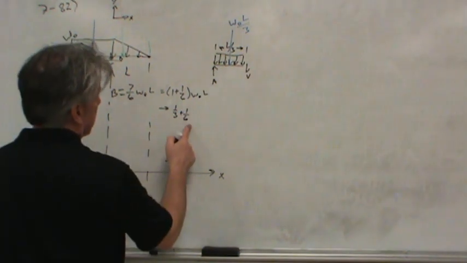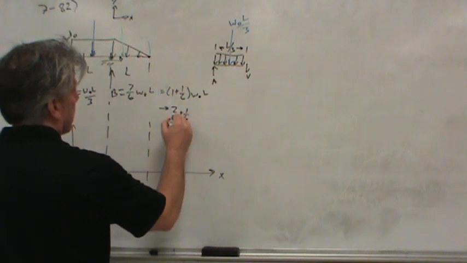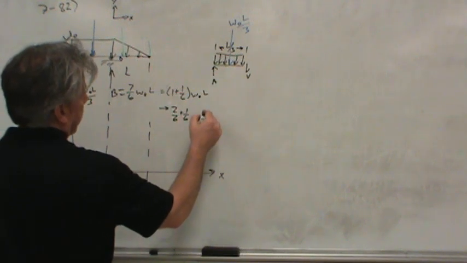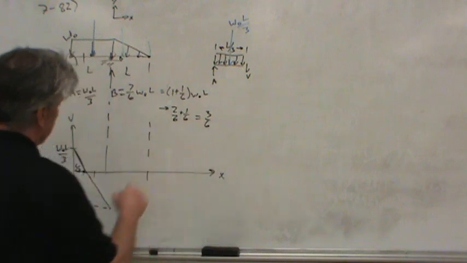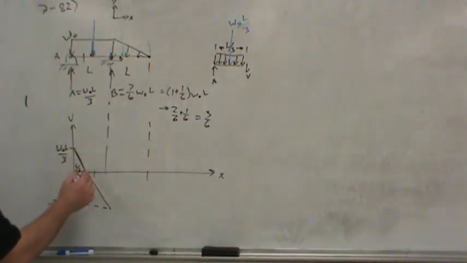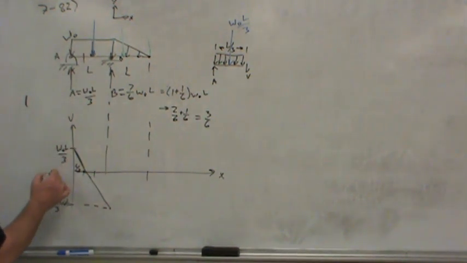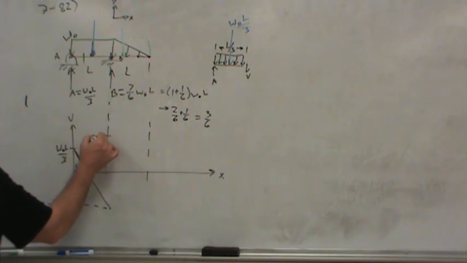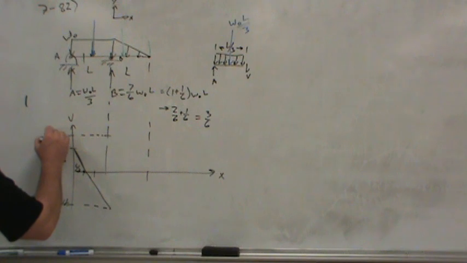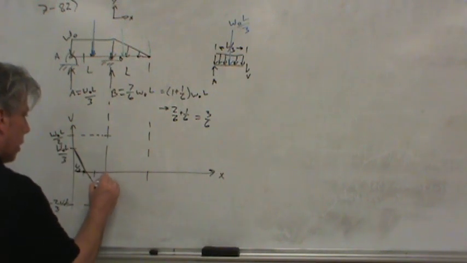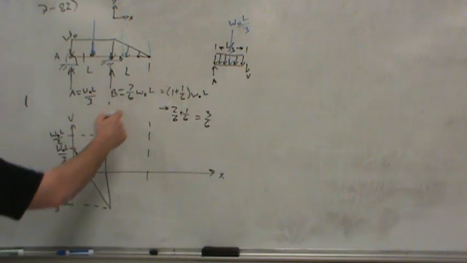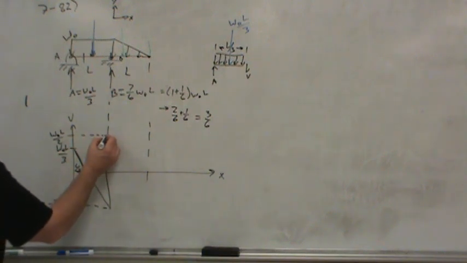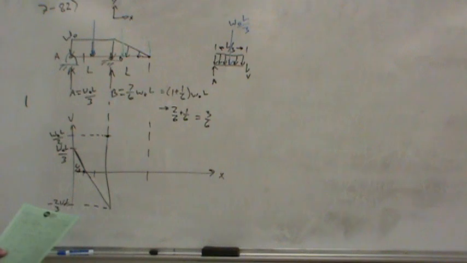So 1/3 plus a sixth, well this is 2/6, and so we'd have 3/6 or a half. So we end up at 1/2. Now 1/2 is above 1/3. It's more than 1/3, and so it should be roughly there. So W naught L over 2 is where we end up because of this reactionary load. So there's an increase in the shear at that point.